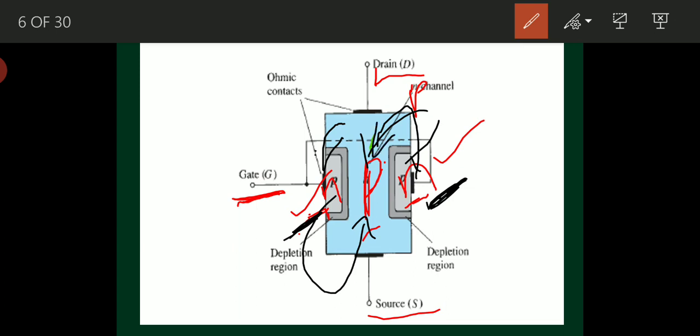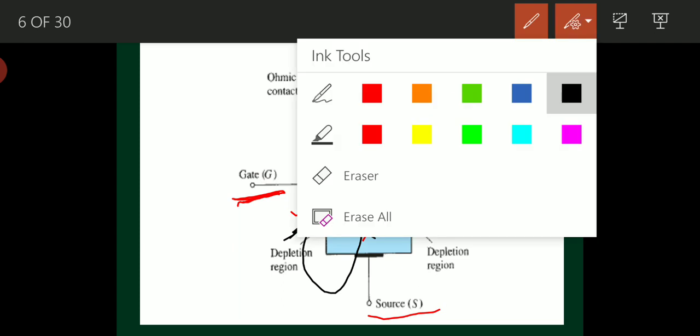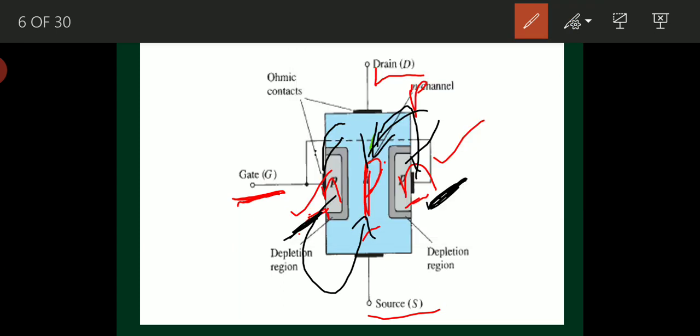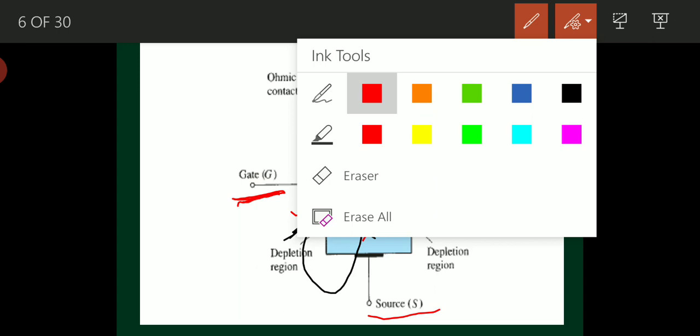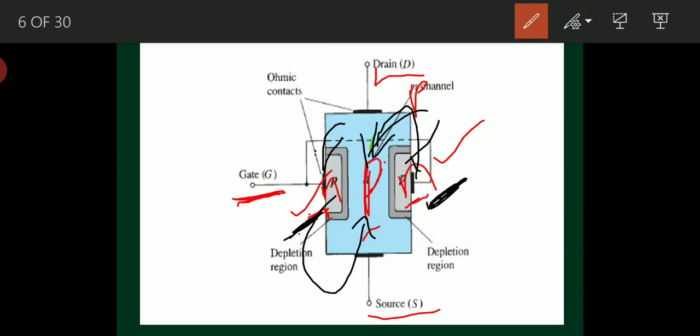So eventually what will happen? At this junction of p-type and n-type, two depletion regions are formed here in the schematic.